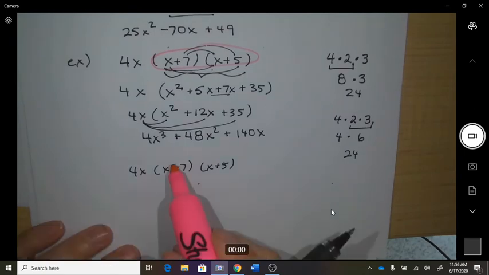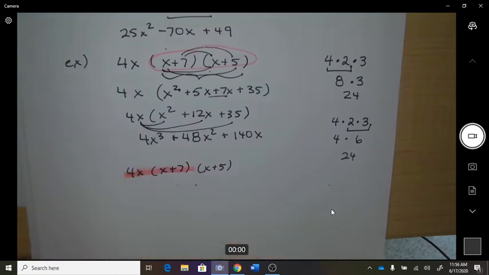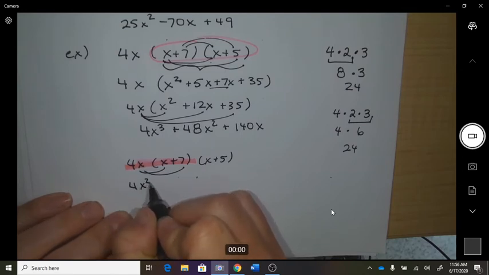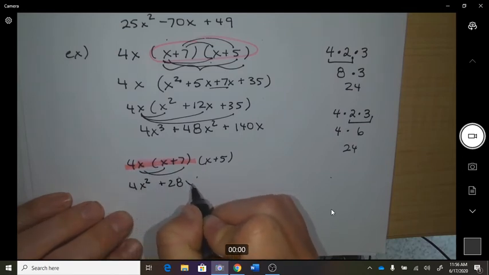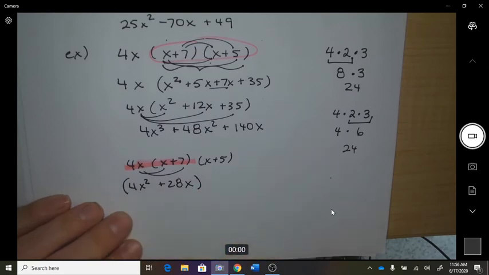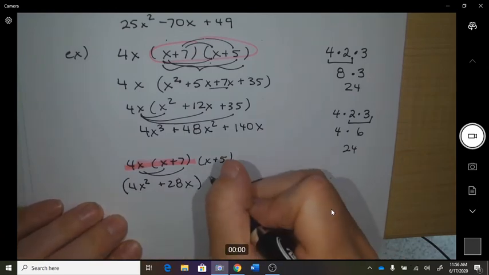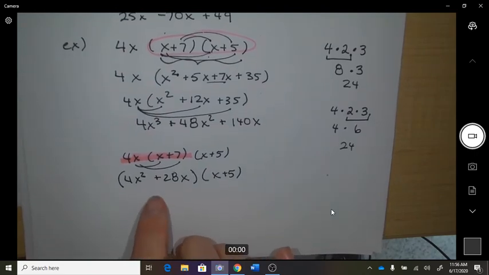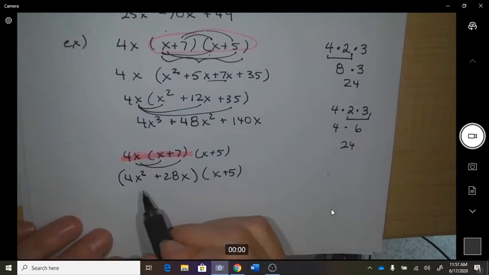What if we picked these two to multiply first? Okay, so we get 4x squared plus 28x. All of that is now times x plus 5. Don't forget, this is a binomial that we'll have to put brackets around.